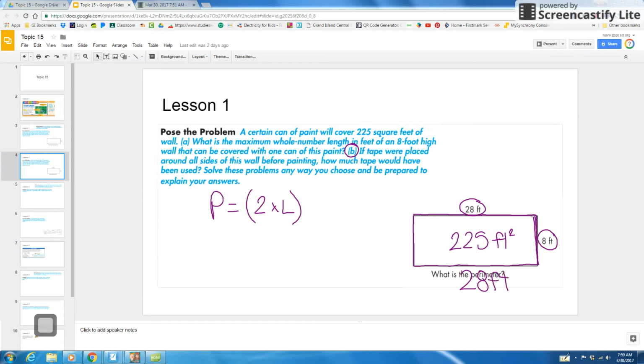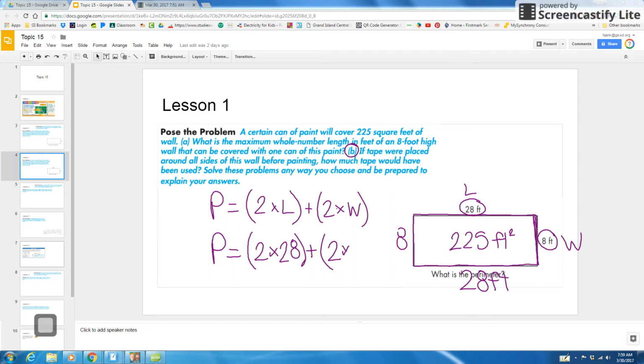If this side is 8, then this side is 8. So I have 2 of each measurement. So I have 2 times the length plus 2 times the width. And here's my length and here's my width. So I'm going to find my perimeter by just plugging in now. I have 2 times the length, which is 28, plus my 2 times the width, which is 8.